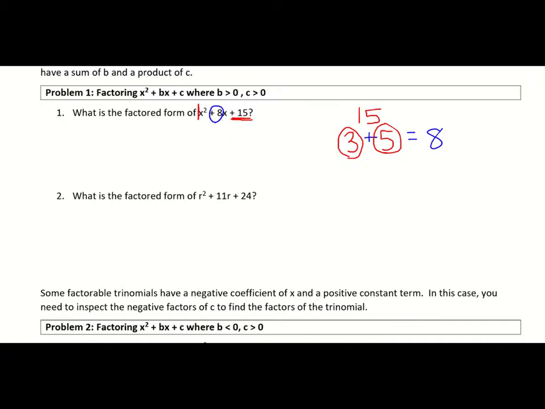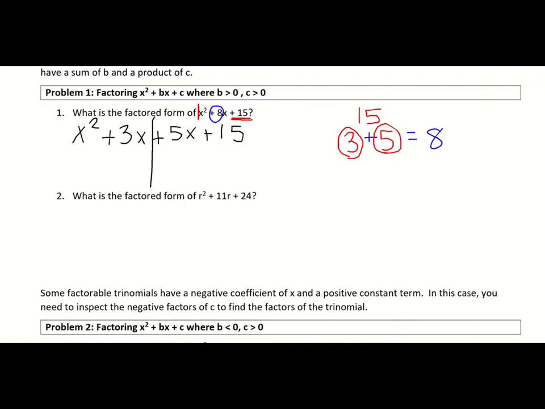So we're going to rewrite this as x squared plus 3x plus 5x plus 15. And we are going to factor this using our GCF properties, one binomial at a time. So I'm going to split this in half to create two binomials.